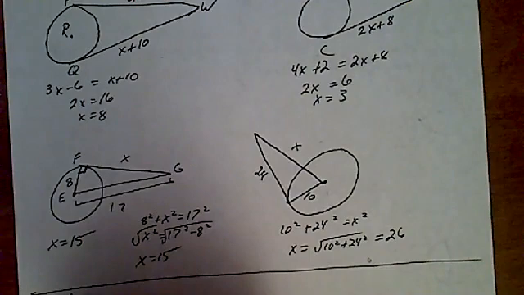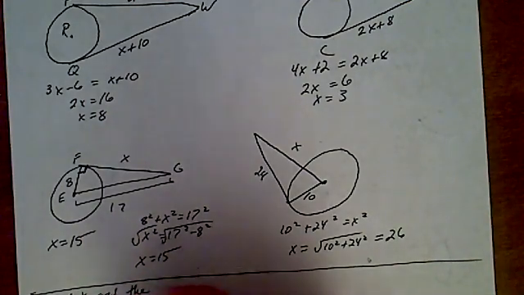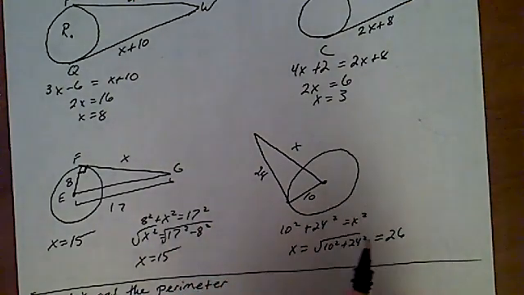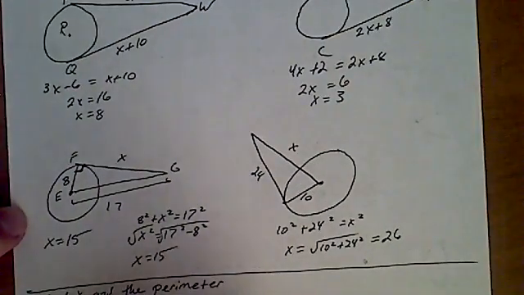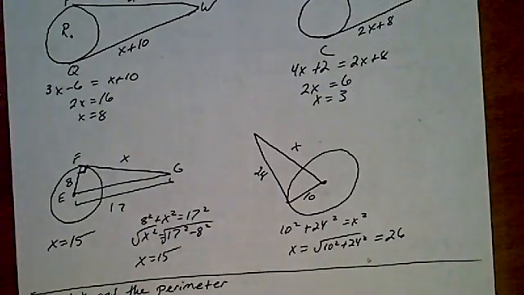The last two problems we're going to do, find x and the perimeter. Okay, so if we have a triangle with a circle drawn in, so the triangle is circumscribed about the circle.